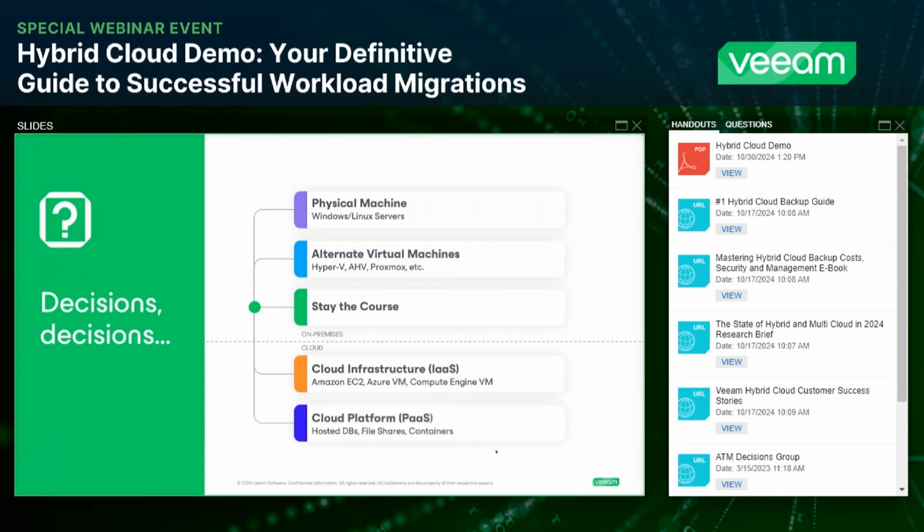And then the final one is looking at cloud PaaS or platforms as a service. So this is as we start to modernize our applications, start to decouple that monolithic architecture and go with things like hosted databases, file shares, containers. It's also important to note that things like PaaS and containers can also be run on premises, right?